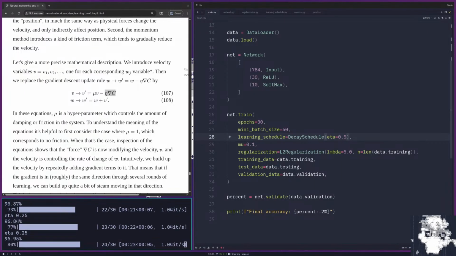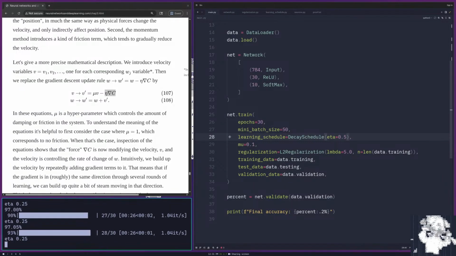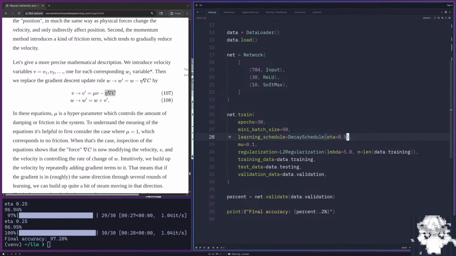This seems to be working, but... Oh yeah, I mean, this seems to actually be working really well. Yeah, that was crazy, 97. Maybe I just need to start with a lower learning rate to begin with.